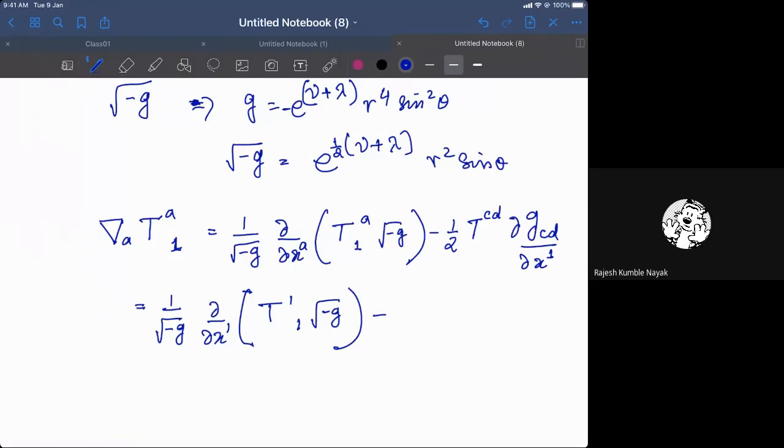All the components of the metric tensor are functions of r, so nothing is going to go away. The only simplification comes because T^{ab} is diagonal, so you can explicitly substitute and you get this expression.